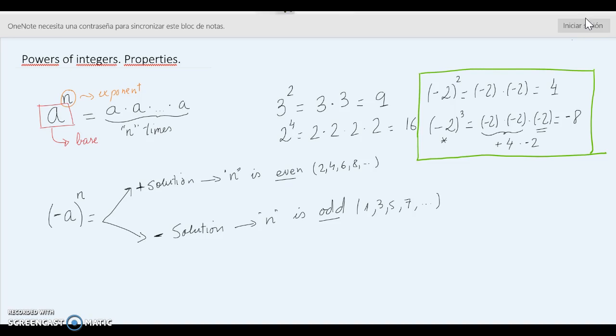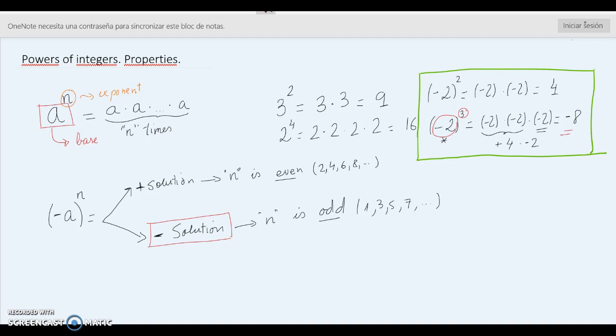So 3 is odd, and I have here a negative number. So the solution will be negative. So we are in the second case, negative solution.